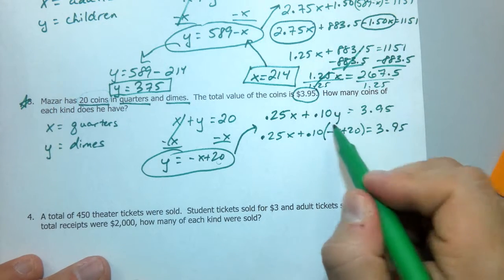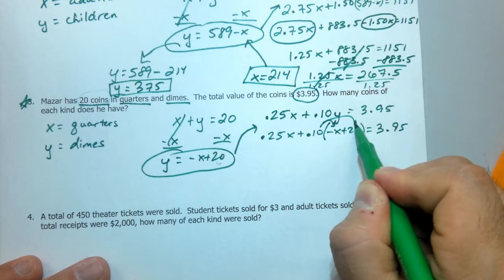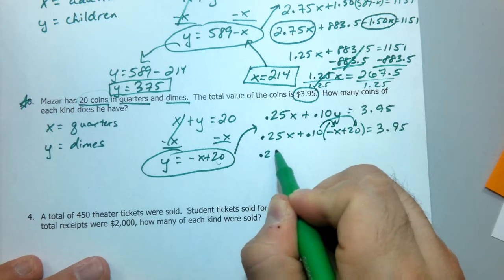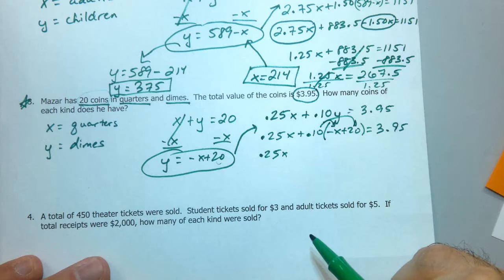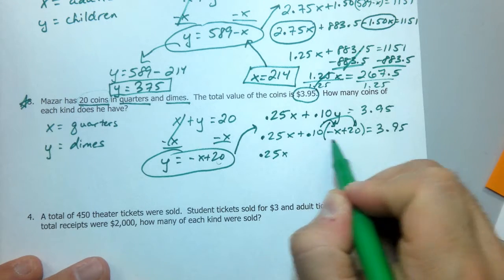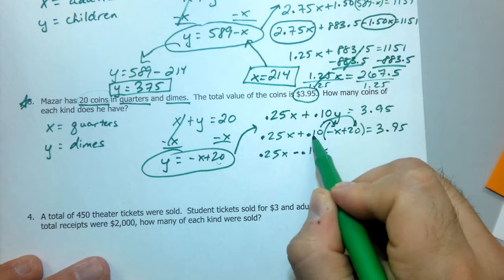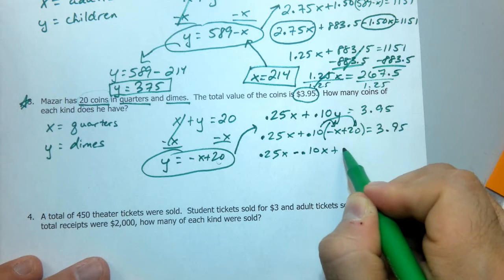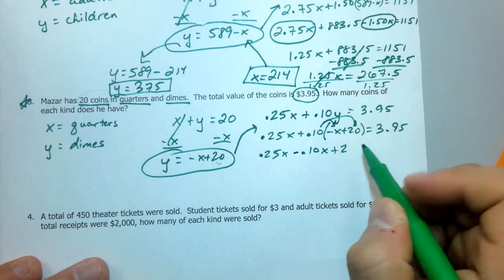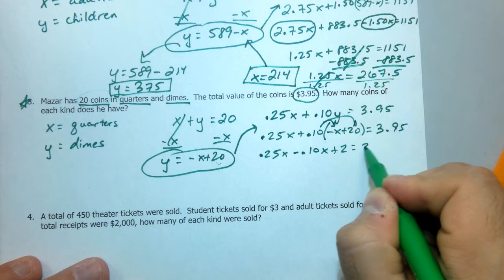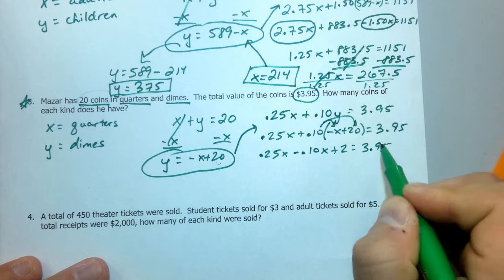So now you distribute. You just got to be careful with your signs. This 0.25x, nothing happens there, so we'll bring it down. 0.10 times a negative x will just be minus 0.10x. 0.10 times 20 will be 2, so plus 2, positive 2, equals $3.95.